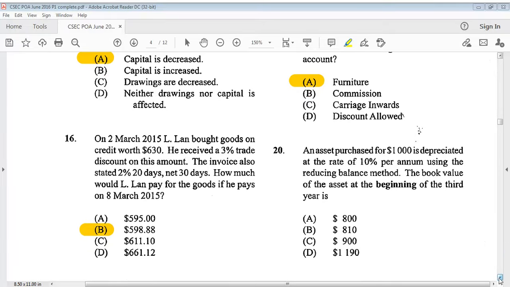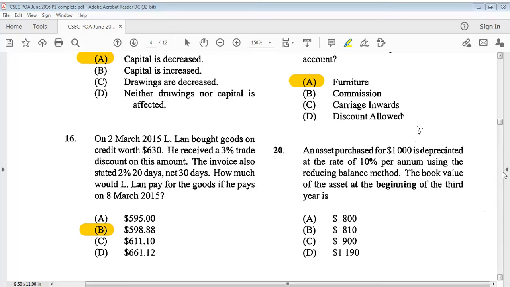So 20, an asset purchased for $1,000 is depreciated at the rate of 10% per annum using the reducing balance method. The book value of the asset at the beginning of the 3rd year is.